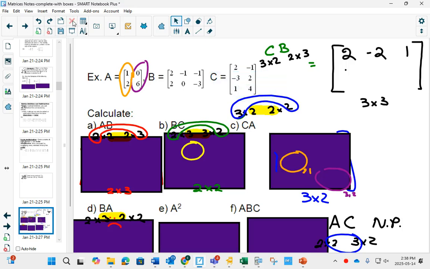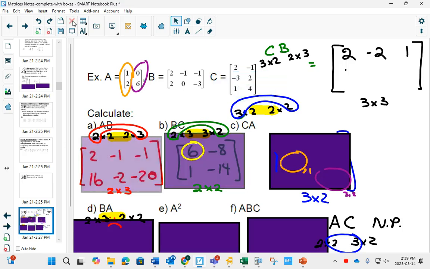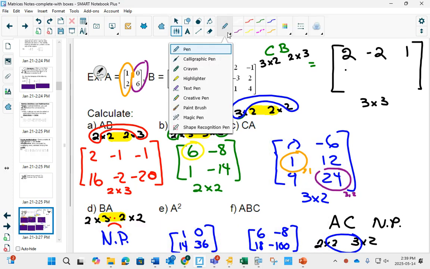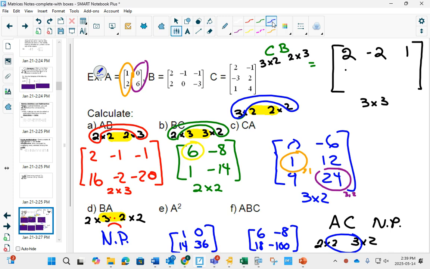I know what I'll do. I'll use my magic pen that disappears, so we can think about it just temporarily, but it won't ink up everything. So if I want to find C times B, and I want to find row 2, column 1, those are the numbers I want to use.